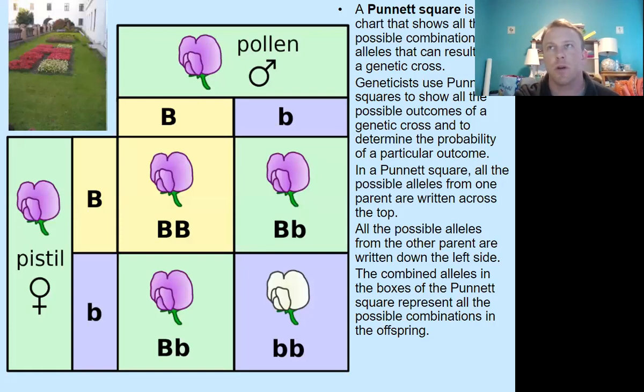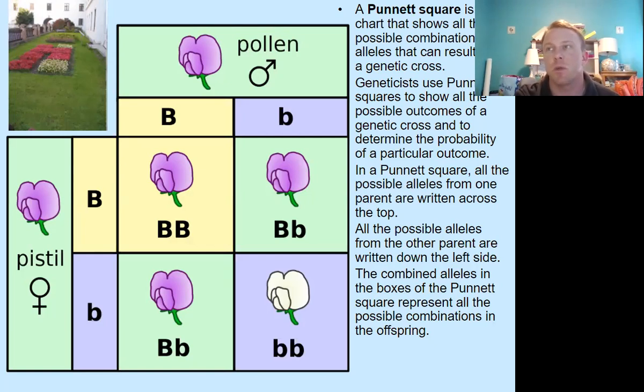So Punnett square, write this down, is a chart that shows all the possible combinations of the alleles that can result from the genetic cross. Geneticists use the Punnett square to show all the possible outcomes of the genetic cross and determine the probability of a particular outcome. In the Punnett square, all the possible alleles from one parent are written across the top.